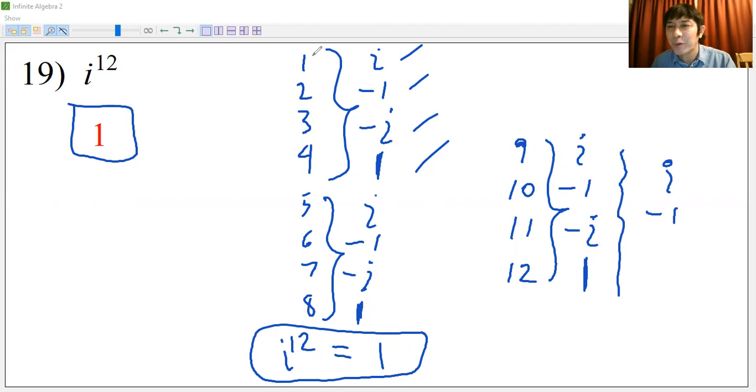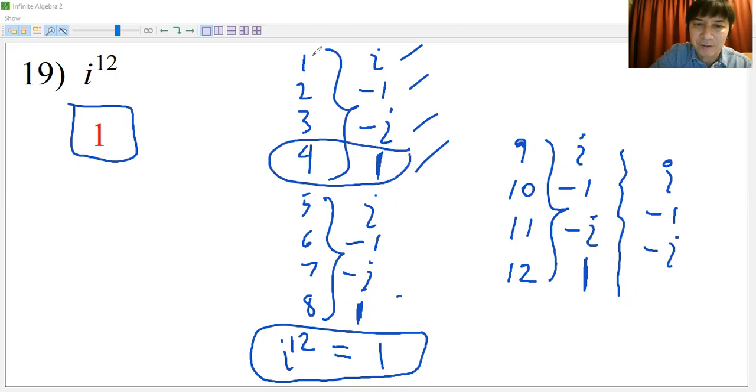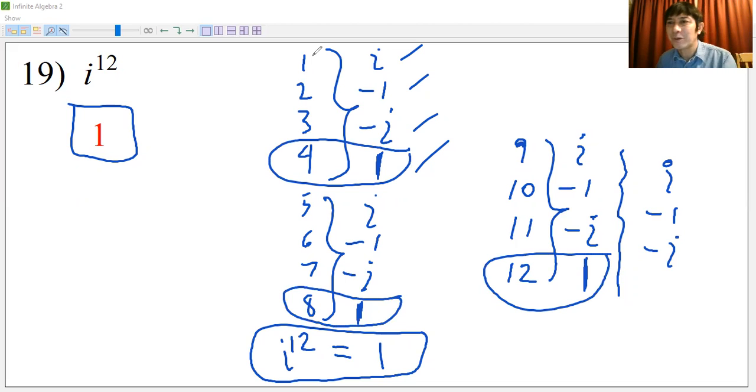If there's a remainder 3, then that's a negative I. There's no remainder 4 because that would be equivalent to exact divisibility. If it's divisible by 4, then that's a positive 1, like the numbers we have here and the 12. So you only need to remember the remainder when you divide the exponent.